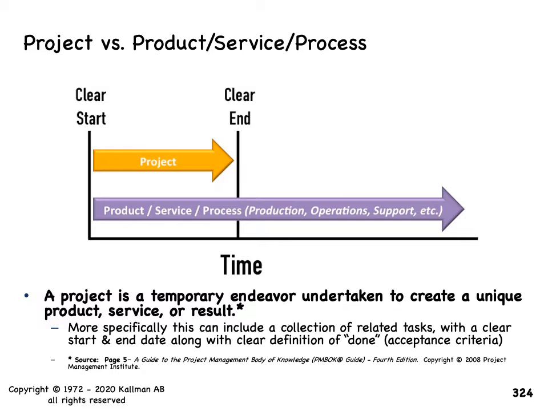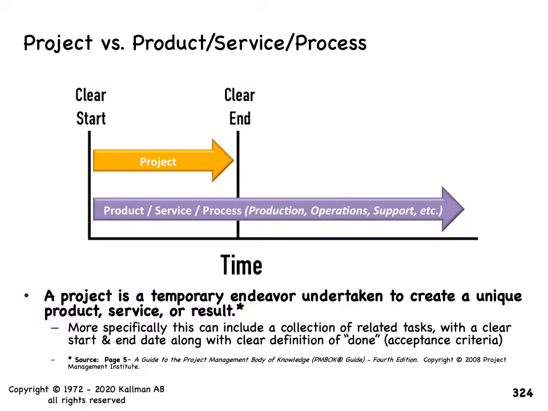So they changed the Scrum Guide later, obviously, when they found out that it was basically almost the exact same definition as in the Project Management Body of Knowledge, the PMBOK Guide from Project Management Institute.